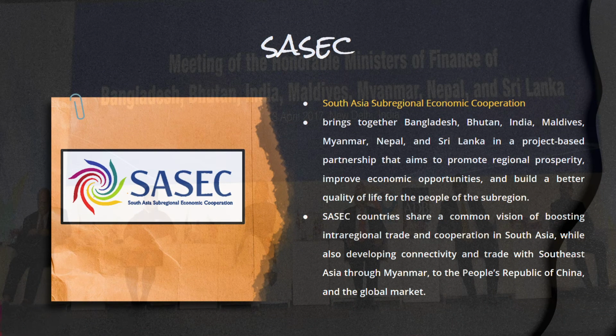Next is South Asia Sub-Regional Economic Cooperation, also known as SASEC. SASEC brings together Bangladesh, Bhutan, India, Maldives, Myanmar, Nepal, and Sri Lanka in a project-based partnership that aims to promote regional prosperity, improve economic opportunities, and build a better quality of life for the people of the sub-region.